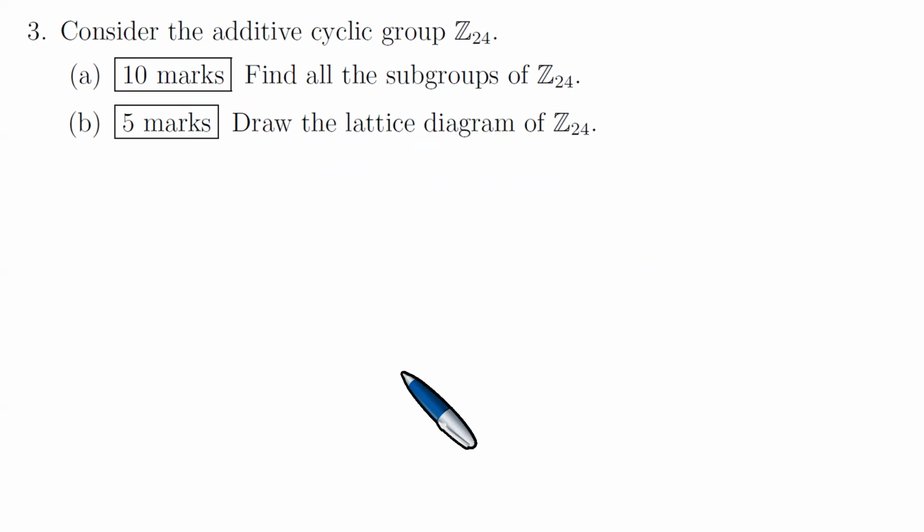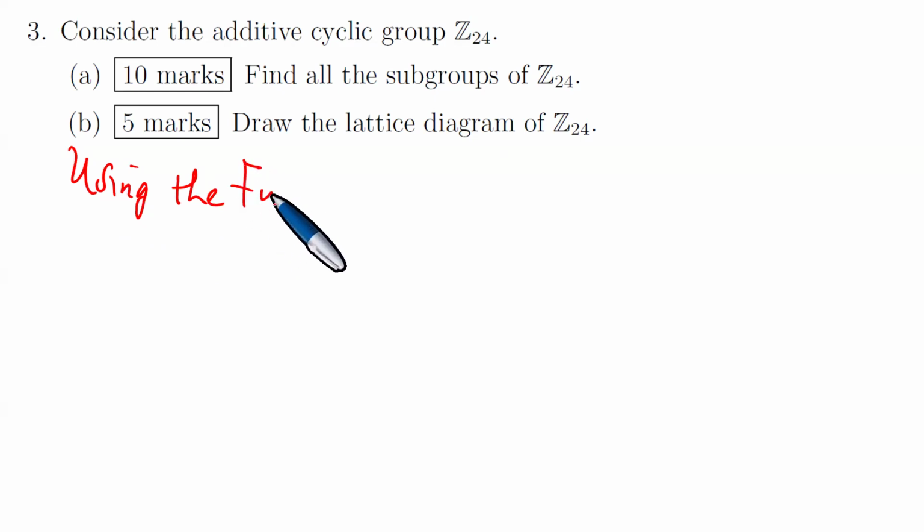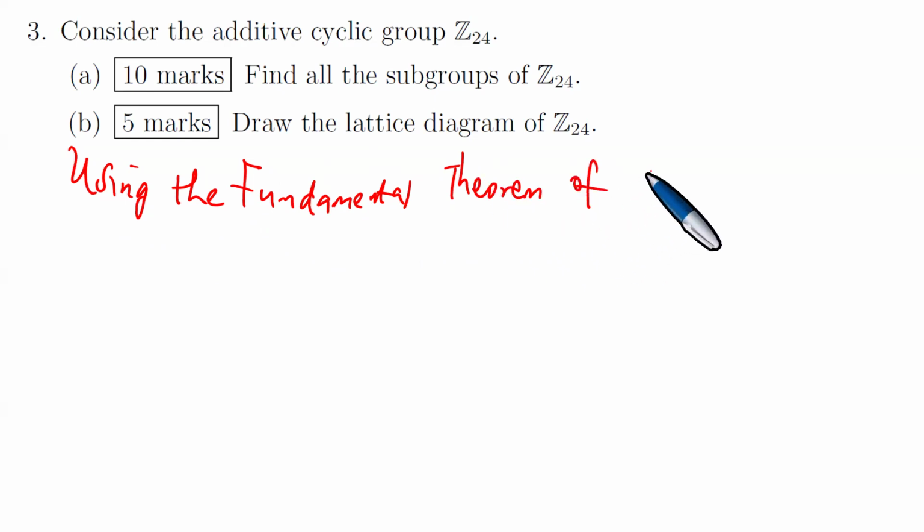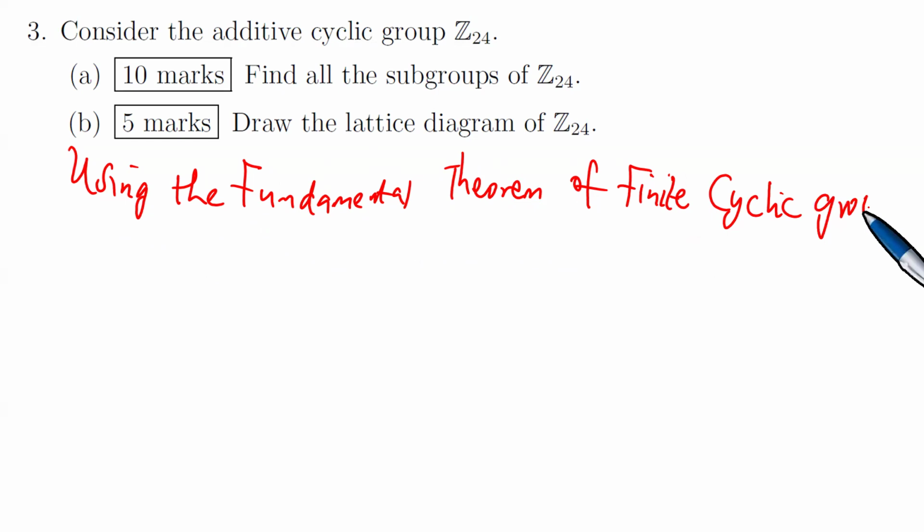So first and foremost, to find the subgroups of Z24, we use the fundamental theorem of finite cyclic groups.